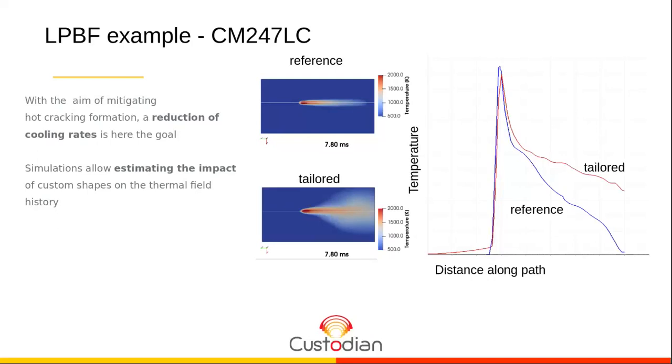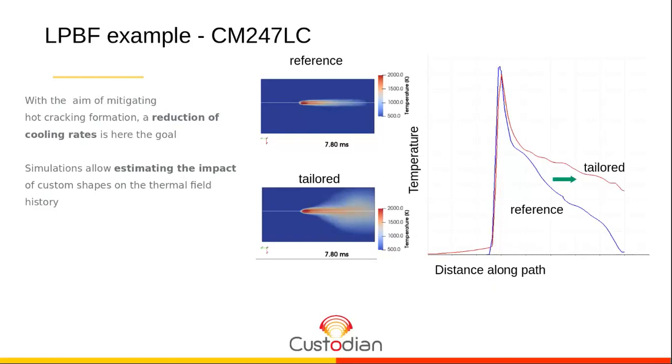What we can see at the right-hand side is a plot along the white line in the symmetry axis that shows that we indeed have some space for optimization of the cooling rates, which is actually what we are pursuing.